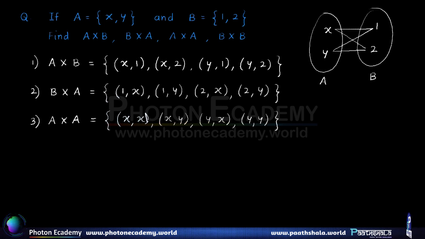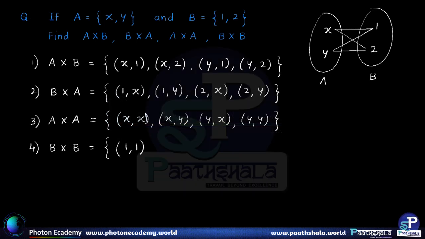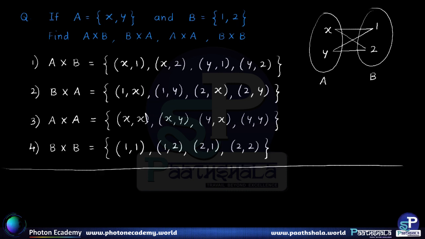That is A cross A. And lastly, for B cross B, we apply a similar thing on set B. Here we have the elements 1 and 2, so the ordered pairs will be (1, 1), (1, 2), (2, 1) and (2, 2). Alright, that is the required answer.